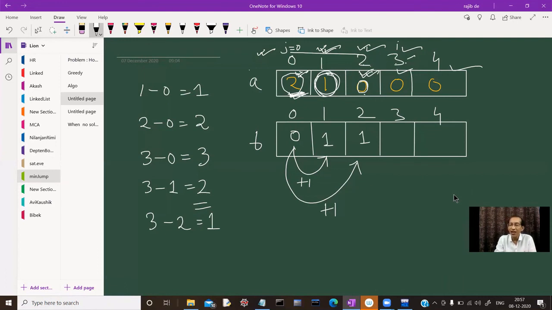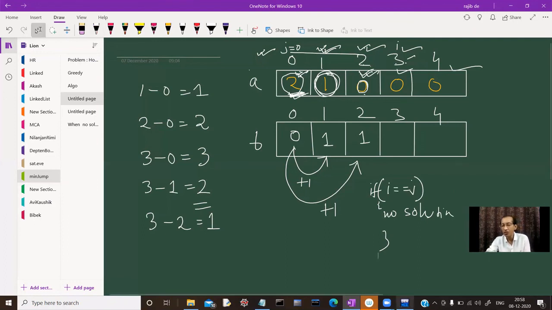So if i equals j when you are coming out from the inner loop, then there is no solution possible. So you need to add this in your code.